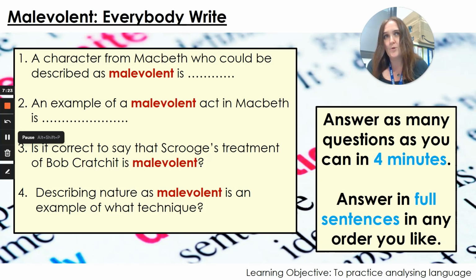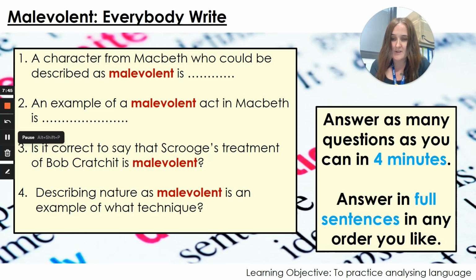I think it's more that he's very myopic, he doesn't recognise how his miserly actions are impacting Bob Cratchit in a bad way. Because of course, once he does realise that, then he treats him in a benevolent way, the opposite way, at the end of the book.